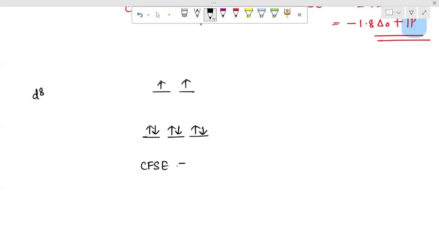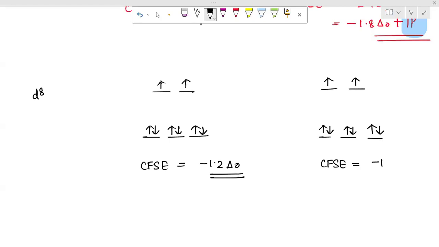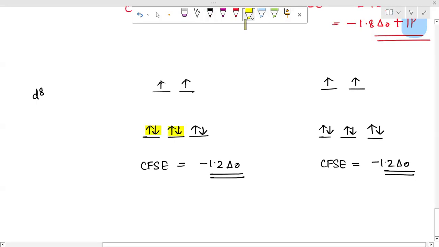The CFSE you can calculate corresponding to this configuration would be minus 1.2 delta O. Okay, let's say it was paired initially. 1, 2, 3, and then 4, 5, 6 got paired over here, 7 and 8 over here. Here also, the CFSE value would be the same. No pairing energy. Why? Because here also there are 3 sets of paired electrons. Here also only 3. So that's it. D7 is the important case. Just keep it in mind.